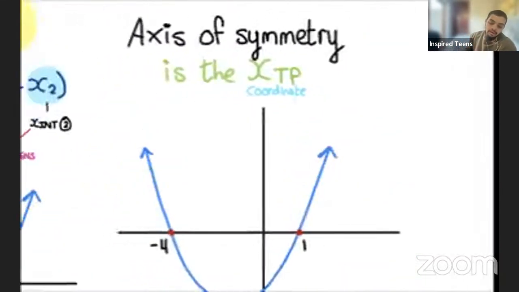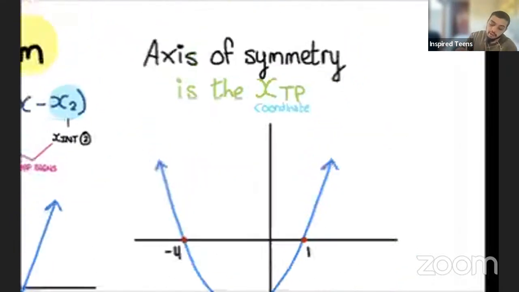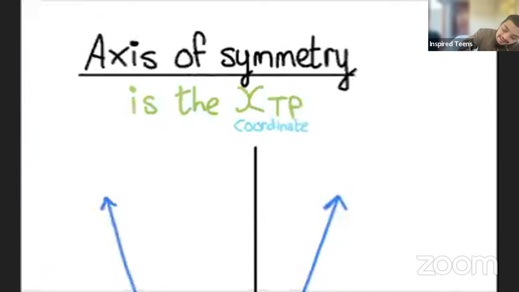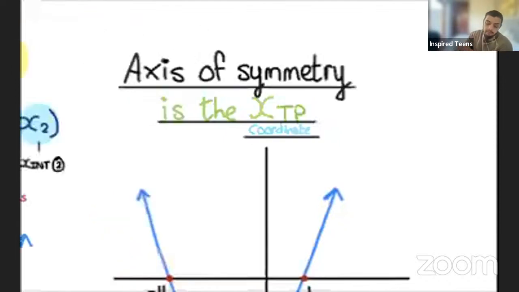Then we're going to talk about the axis of symmetry on a parabola graph. Now one thing we need to note is that the axis of symmetry is a vertical axis of symmetry on the parabola graph, and it is created by the x turning point, obviously the coordinate of the x turning point. So the axis of symmetry is created by the x turning point. Very important.